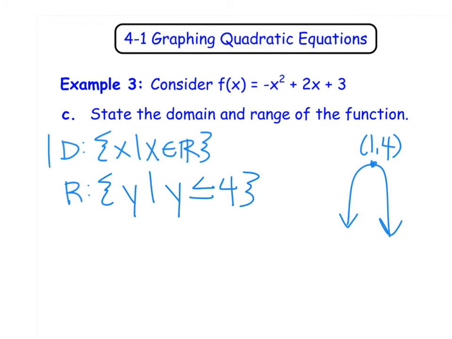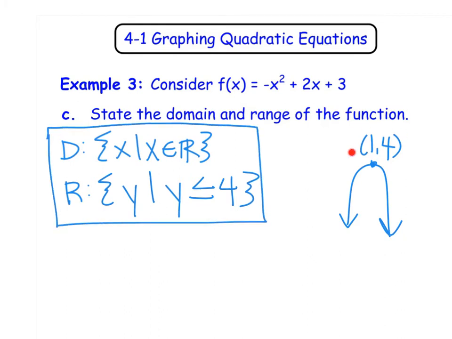So anytime you need to find your domain and range, for your range, you need to know the vertex because you need to know if it's the biggest value or the smallest value, and that helps you determine what your range is. So you cannot plug any number into this equation that will give you an output of 5. There's no number that will give you an output of 5 or anything bigger than 4.